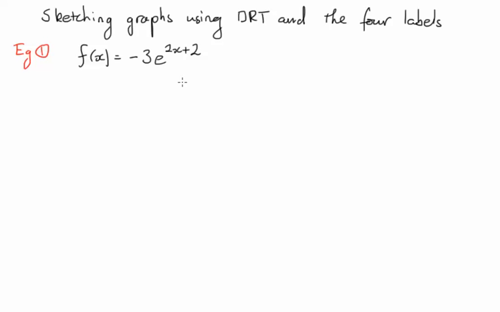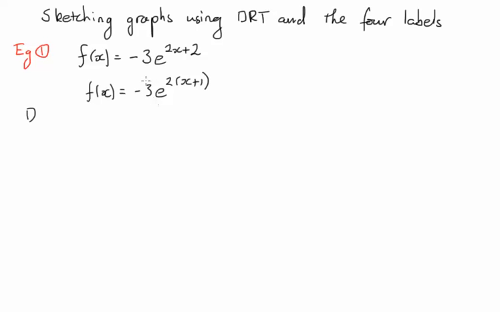Alright, step 0 is to make sure that the coefficient of x is 1. We've got a 2 here, so no, it's not 1. Let's change that by factorising. Now it's 1, now we're good, now we can do dilations. Let's look at the dilation.